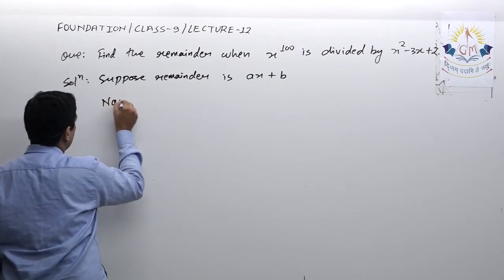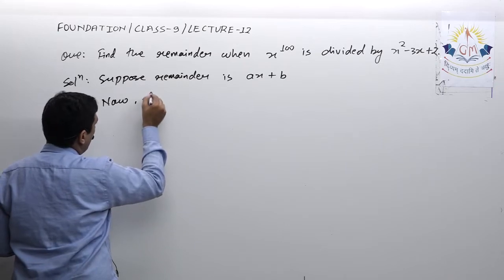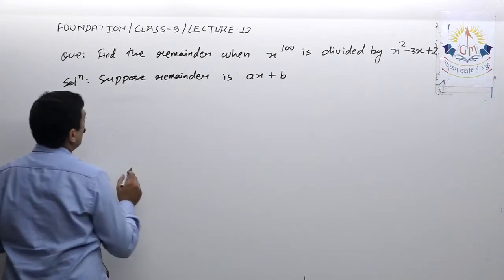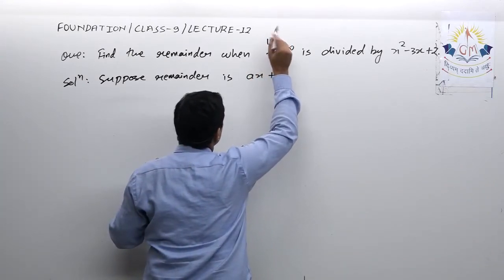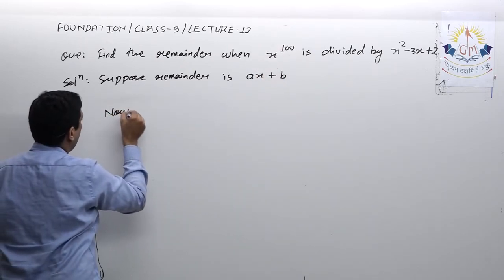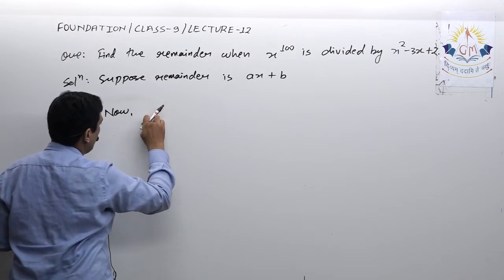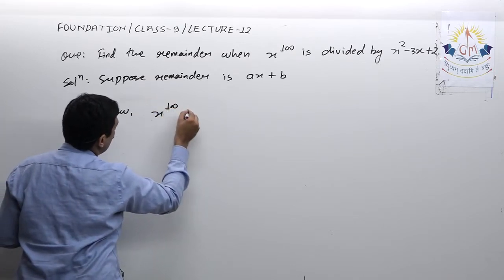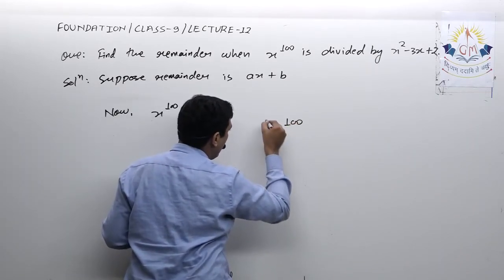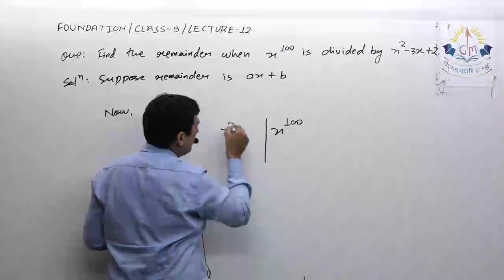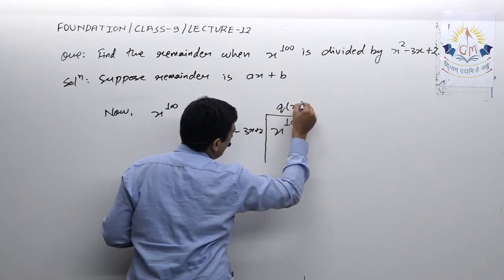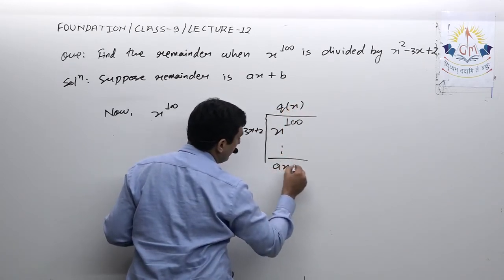Okay, suppose the remainder is ax plus b. Now I can write x raised to 100 is equal to, see, again I will give you this concept: if I am dividing x raised to 100 by x square minus 3x plus 2, definitely there will be something like qx, and here the remainder is ax plus b as I assumed.